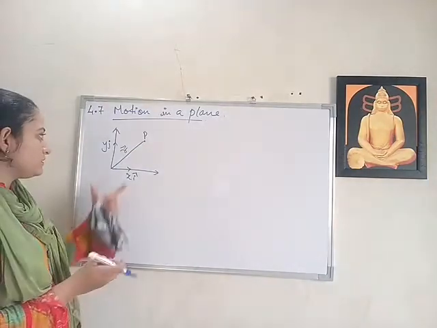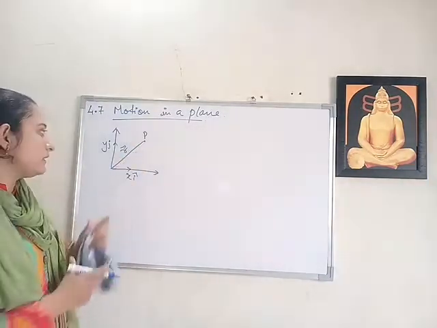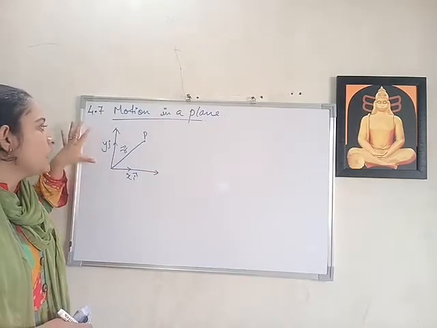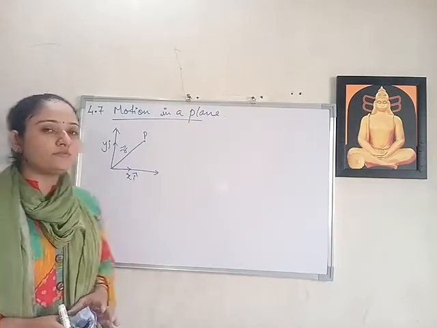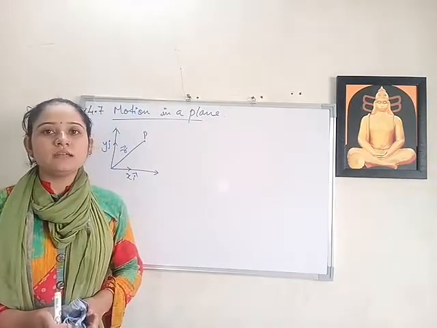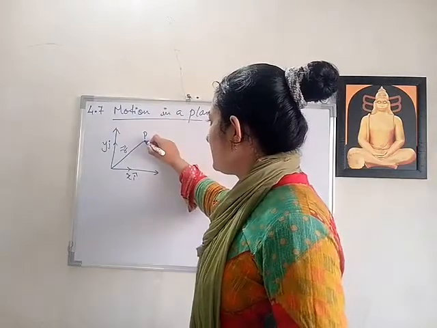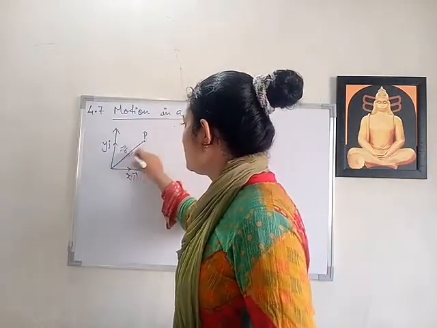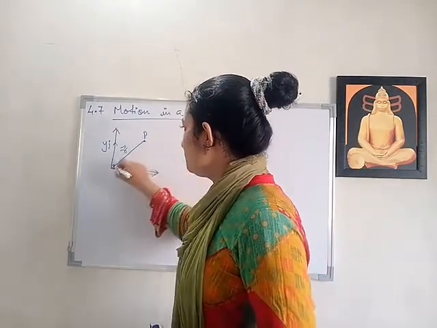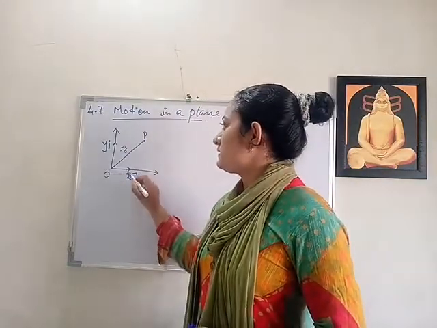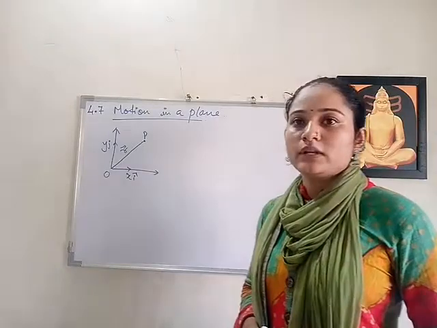So this is the position vector r, x i component and y j component. Now from here we are going to study the position and displacement. So this point is P having the position vector r, this is your origin, and x i and y j are the two components.